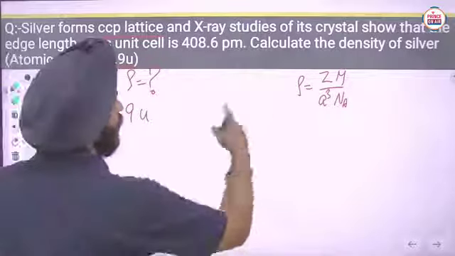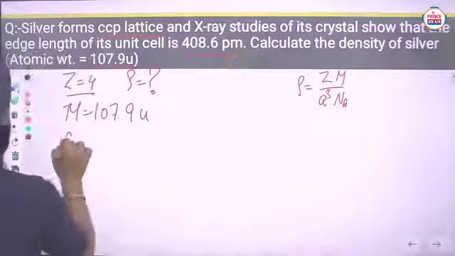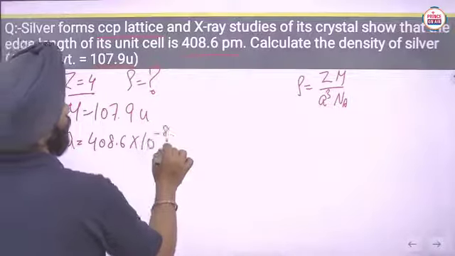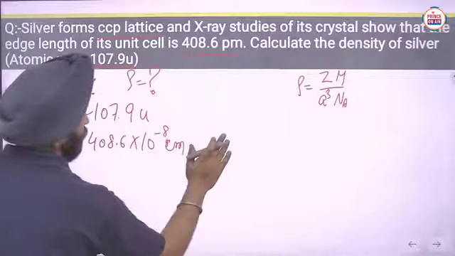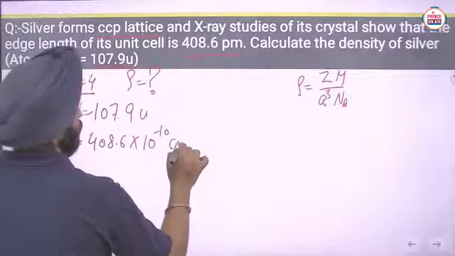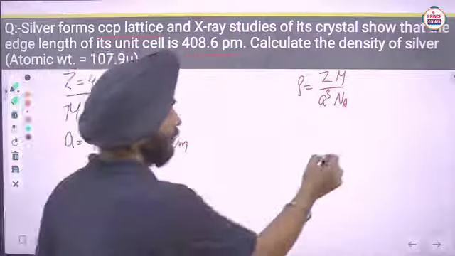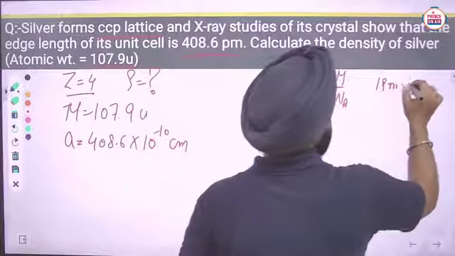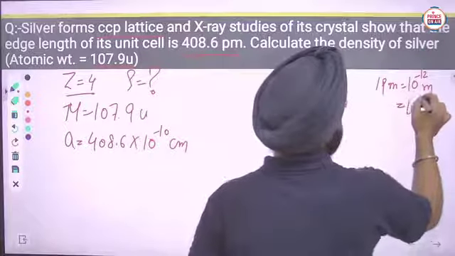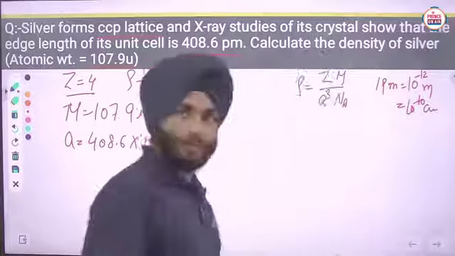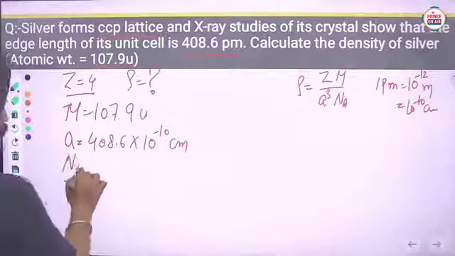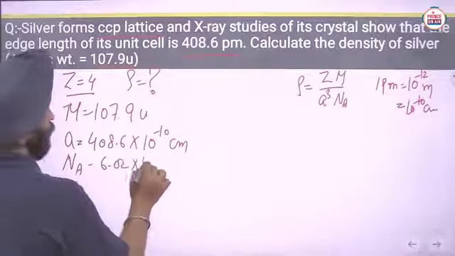Then A, the edge length, is 408.6 picometer. 1 picometer is equal to 10 raised to the power minus 12 meter, and in terms of centimeter it will be 10 raised to the power minus 10 centimeter. So A is 408.6 into 10 raised to the power minus 10 centimeter, and Na is 6.02 into 10 raised to the power 23.